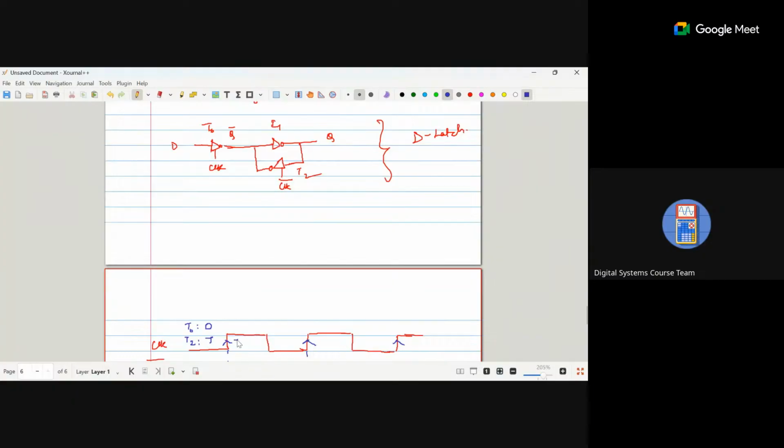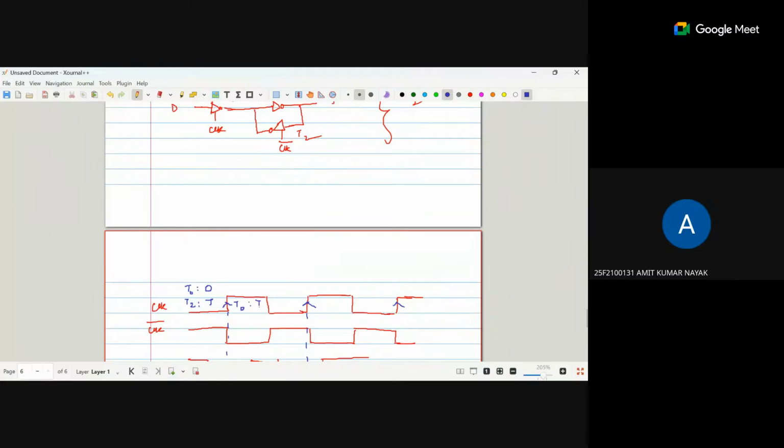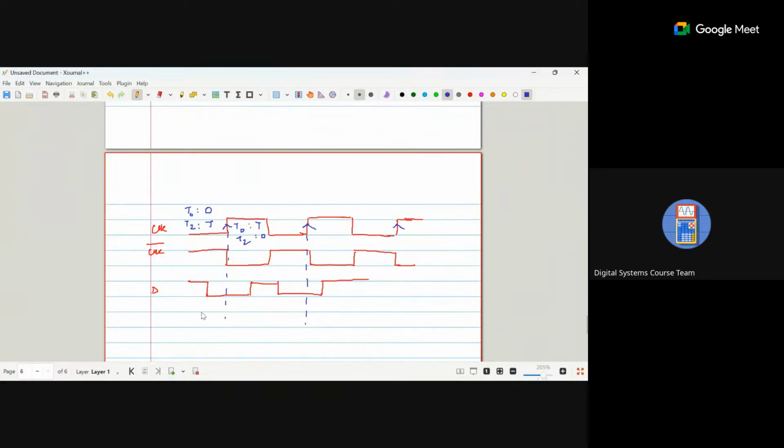Similarly, here your T0 will be transparent and T2 is opaque. Correct. And it will proceed so on. So this will be your T2 and T0, T2. And finally, when your D is something like this, what you will get your Q is, so for your D flip flop, initially what will happen?